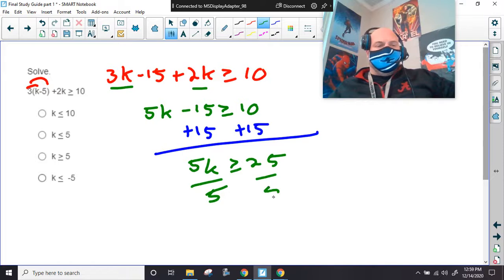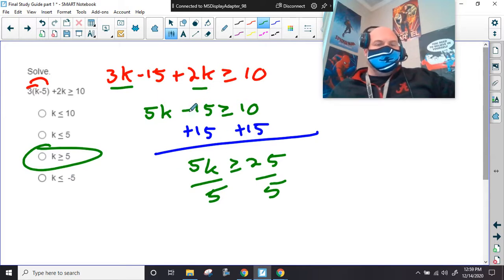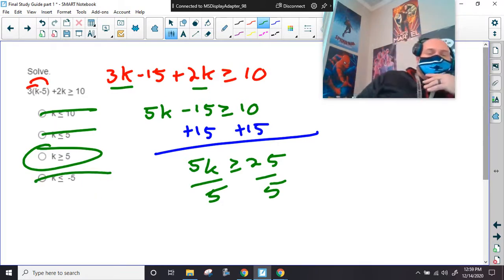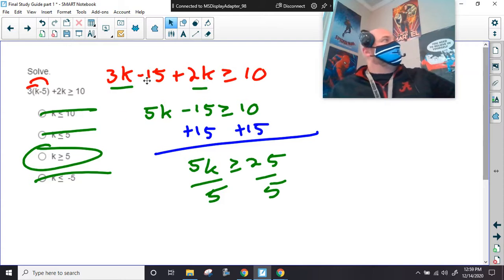Well, we know if we divide by 5, we should get 5 right here. If you know that you're not going to divide by a negative, it's not going to flip the sign, so we could automatically turn... golly, we could actually stop right here and just use our knowledge of the inequalities.